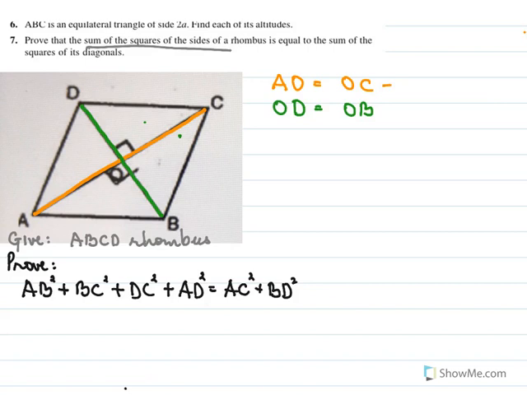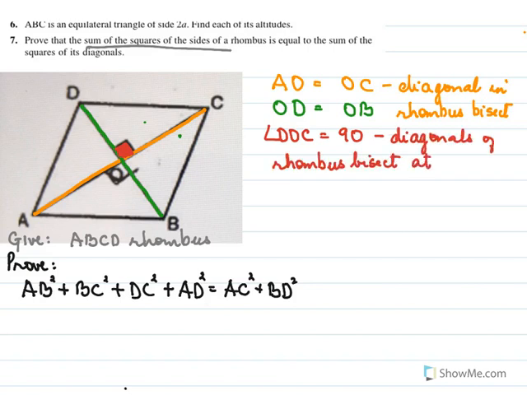For both of these, the reason is the same, that the diagonals in a rhombus bisect. Another property is they always bisect at 90 degrees. So here I can write angle DOC equal to 90 because the diagonals in the rhombus bisect at 90.